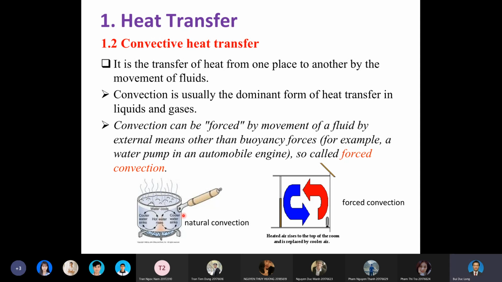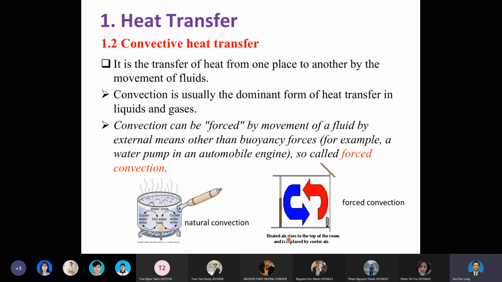Here, for example, in natural convection, when you boil water or burn wood, or indoors in the house, there is a flow of air with current.